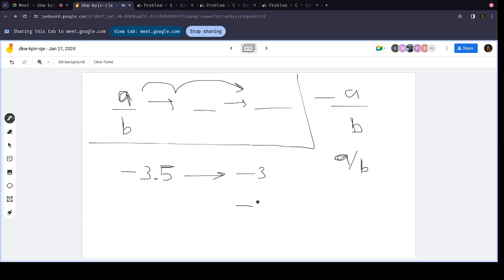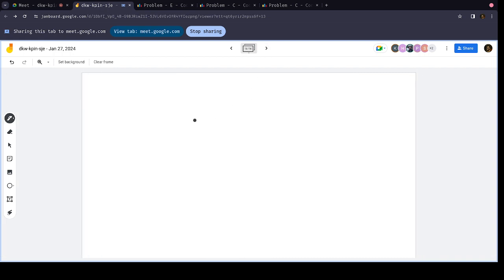So minus 7 by 2's ceil is minus 3, you just do an integer division, right? So you can just check where the numerator belongs. If it's more than 0, you add denominator minus 1, then do integer division, else you just do normal integer division, right, for the ceil.